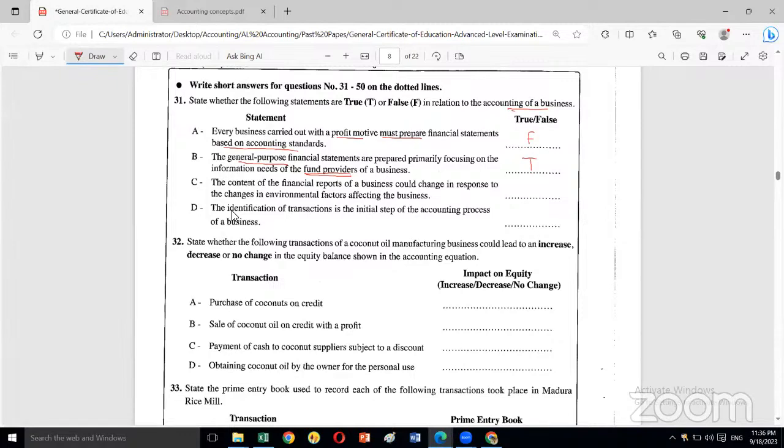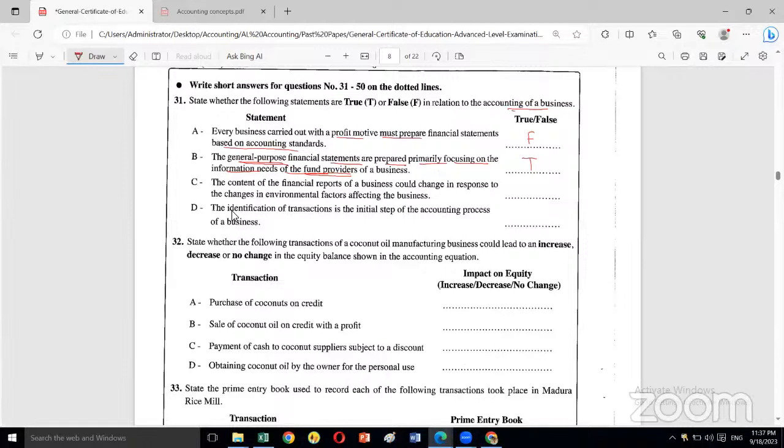They have invested the money. They need to know how much they have earned and what their financial position is. So this is true.